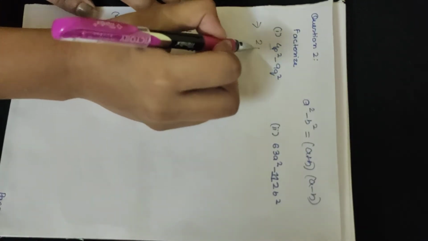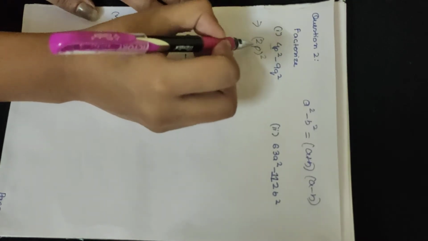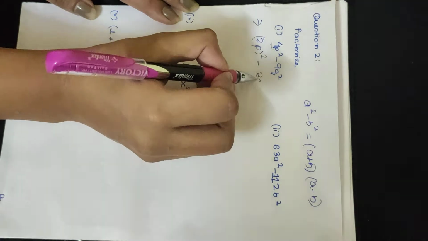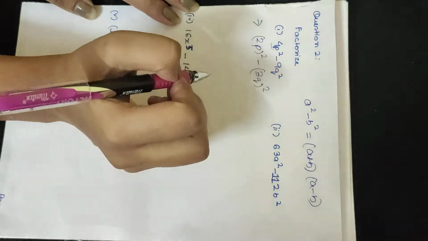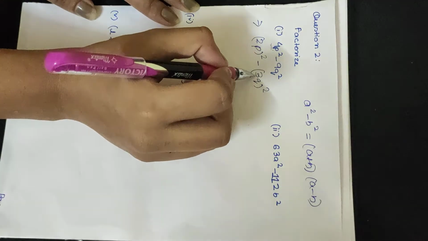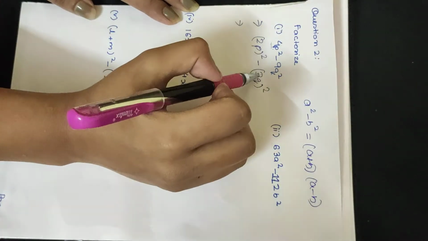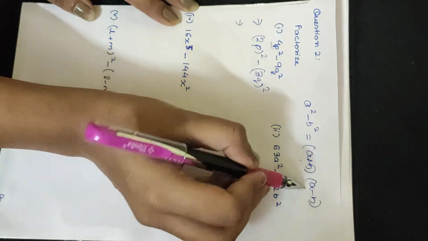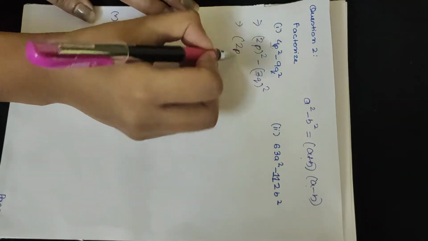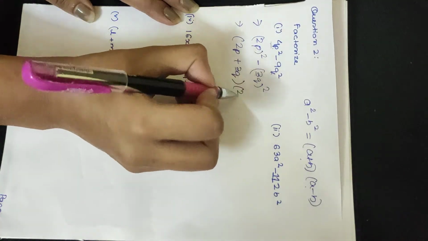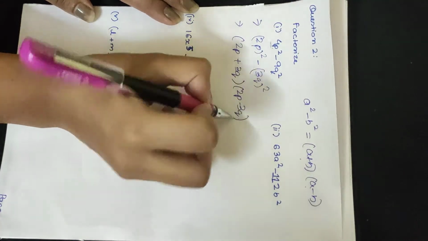This is 2p whole square, which is 4p square, minus 3q whole square. We write it in the simplest form like this. So now we can write it as A plus B, 2p plus 3q, and 2p minus 3q. So this is our answer.